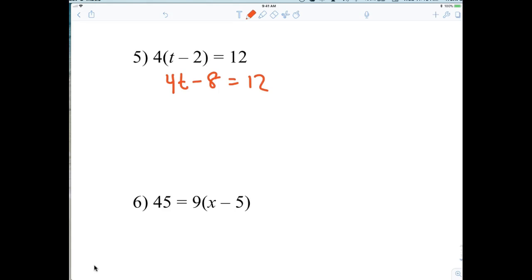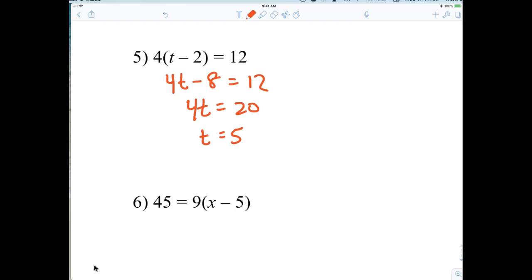So 4t equals. Yes, you're awesome. That's exactly correct.